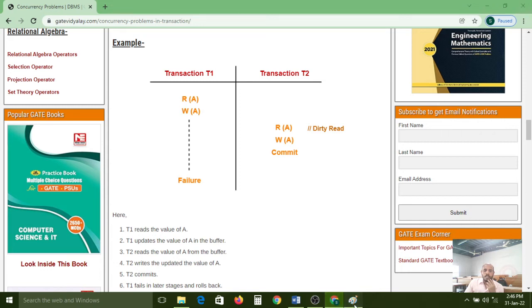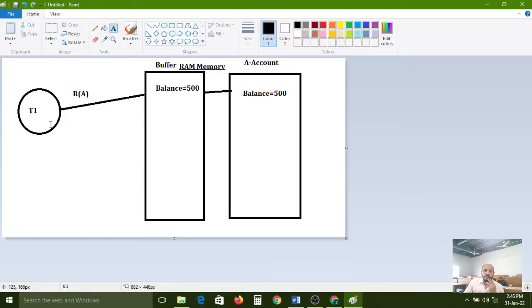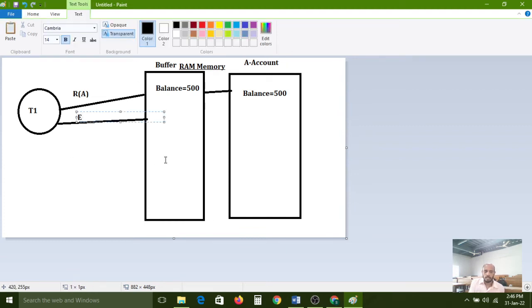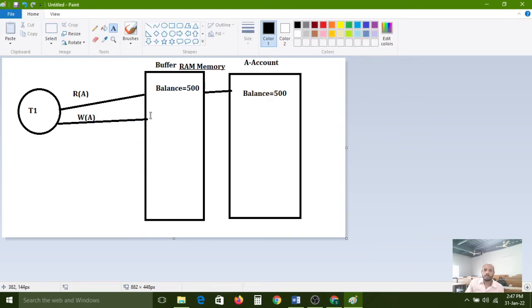After that, transaction 1 wants to write 400 rupees, I mean 100 rupees wants to be added in this account. So the transaction requirement is a writing operation, writing A account's data.